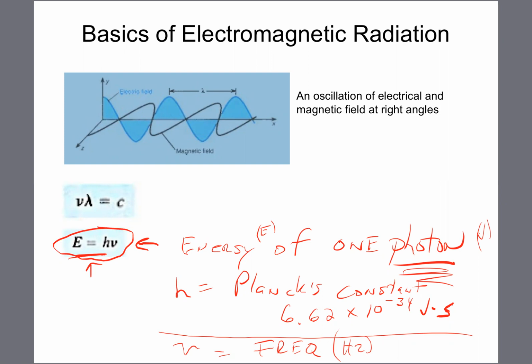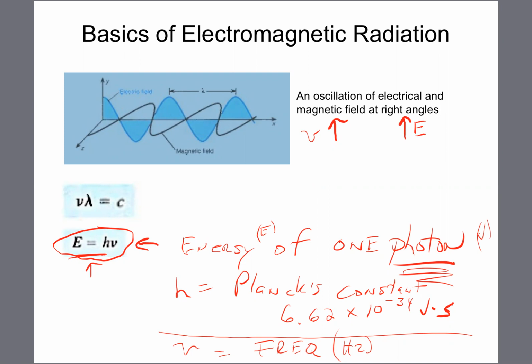This allows us to compute the energy of a single photon, or single packet of electromagnetic radiation, of a certain frequency. So what does this mean? As frequency increases, the energy also increases. They're directly proportional, right?